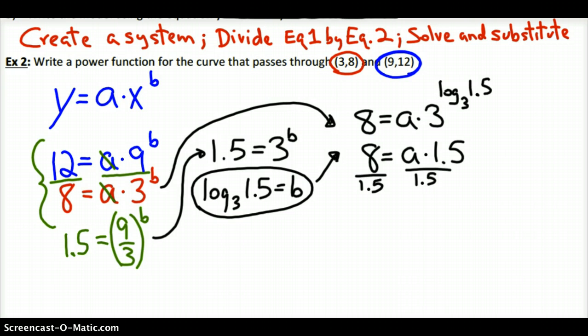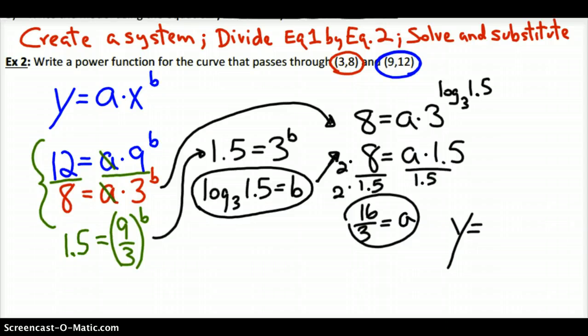And you could get the decimal of 5.333. I'm going to write this as a fraction of 16 thirds equals a. What I did was multiply this by 2 and multiply this by 2. So now I have my a, I have my b, and together I can write my power function.